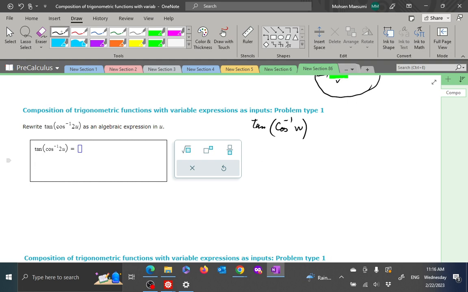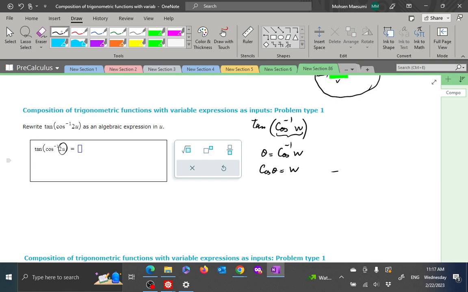Then we are going to go on and substitute for w whatever we want to substitute. First, we draw a picture for this. We say, okay, that's an angle. That angle, let's call it theta, is cosine inverse of w, which means cosine of theta is w.